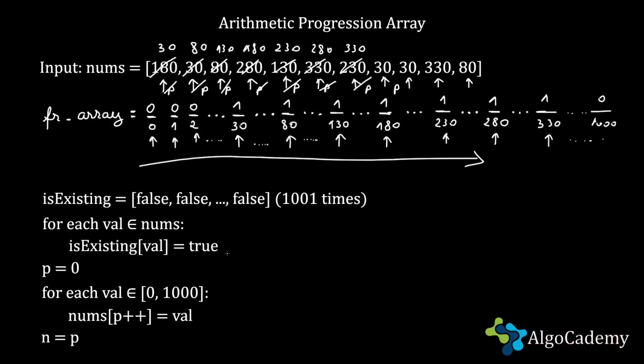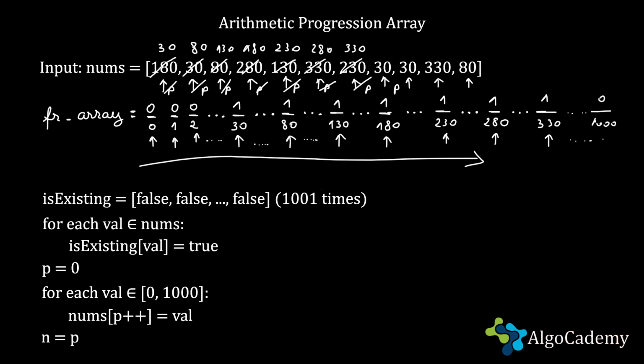Afterwards, I set my pointer to 0, because I'm going to push the distinct values in place. For each value from 0 to 1000 that exists, I set the value in position P. Afterwards, I increment the position P to be ready for the next elements. In the end, of course, I set n equals P, because that's going to be our new length.